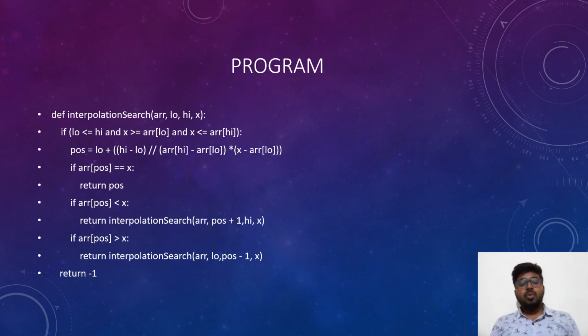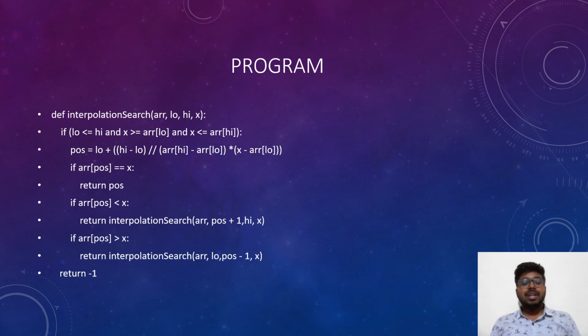This is a program which is written in the Python language. In this function, we take the same inputs, that is the array, lowest index, highest index, and the key element which is to be found.